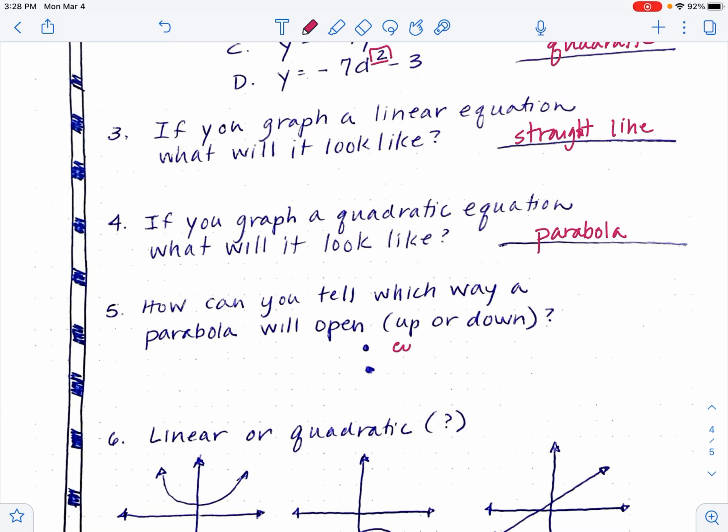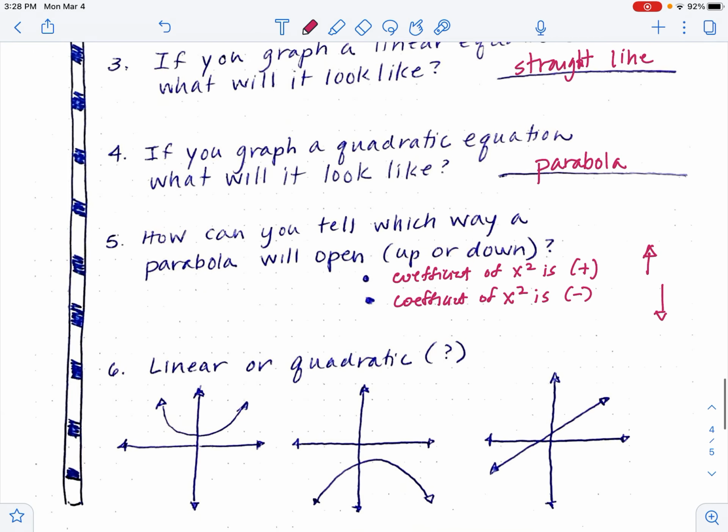Again, if the coefficient of x squared is positive, it will open up. If the coefficient of x squared is negative, which direction will it open? Down.